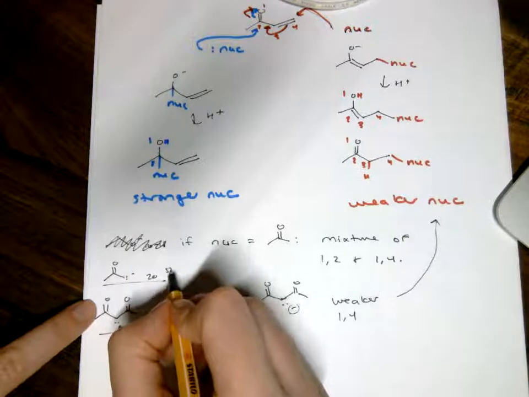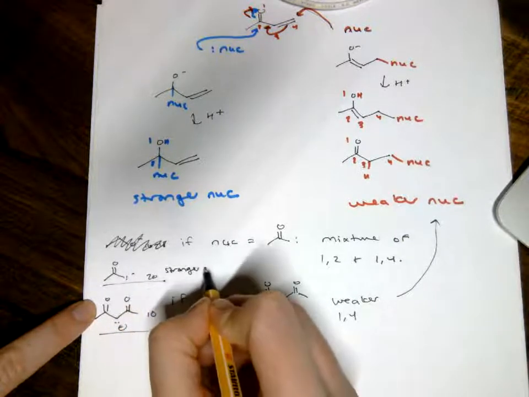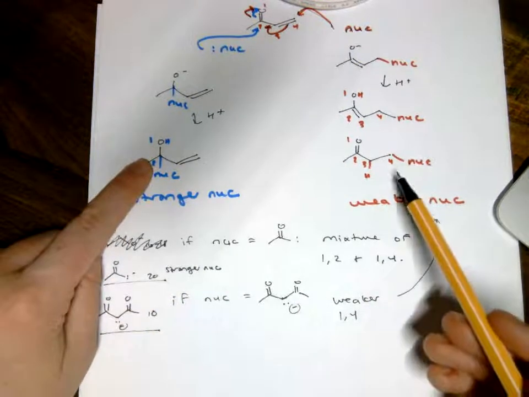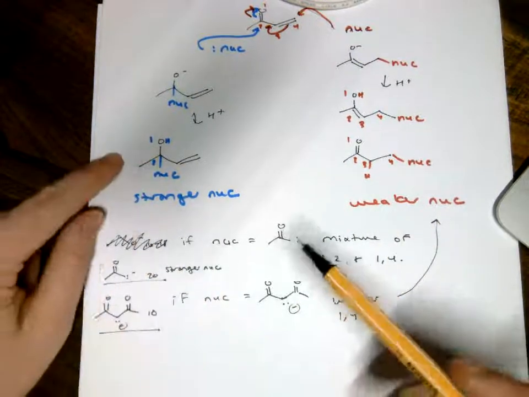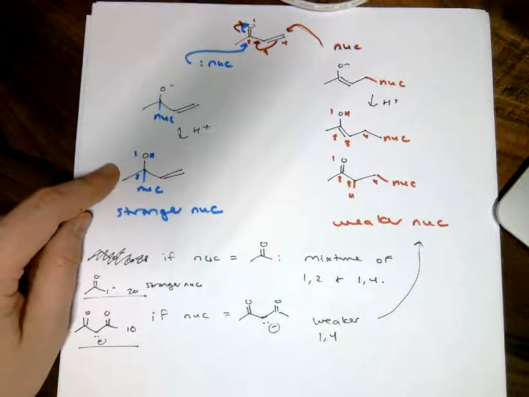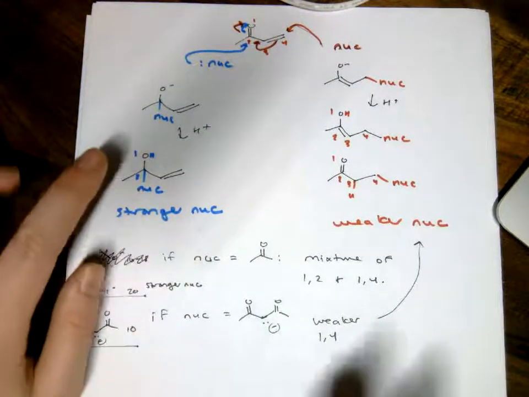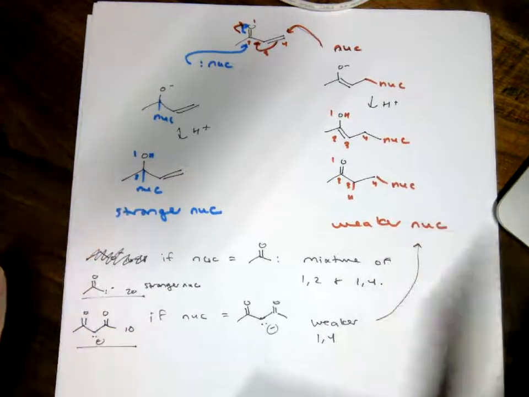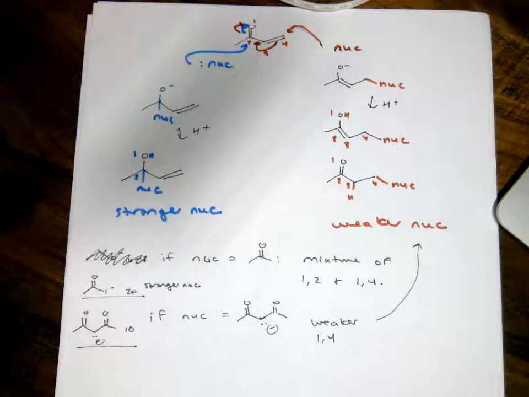So this is a stronger nucleophile because it's a weaker acid. It's going to give you a mixture of 1,2 and 1,4 because it's not as strong as some other nucleophiles that we've seen, but it is a slightly stronger nucleophile. So it's going to be a mixture between the strong and weak nucleophile option.